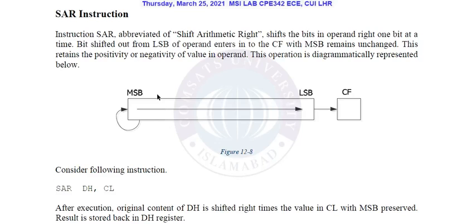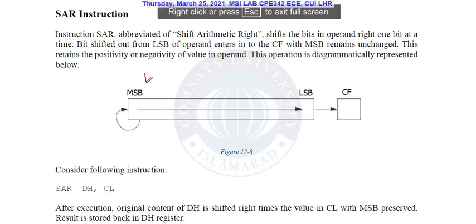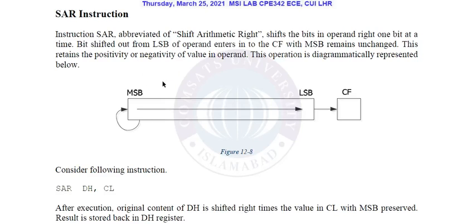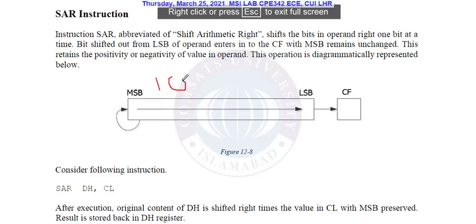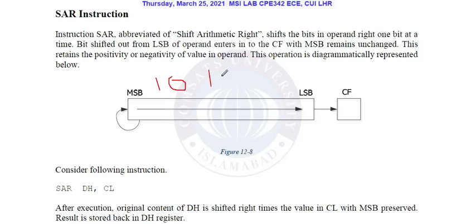For example, if you start the process and you see that the value 1 0 1 0 is present in that register, so every time the value that is present at the MSB location will be moved into that register from the left side, and that value, the 1, will be shifted towards the next bit which is 0, and that 0 is shifted to the next bit which is 1, and the same as the rotation happens.